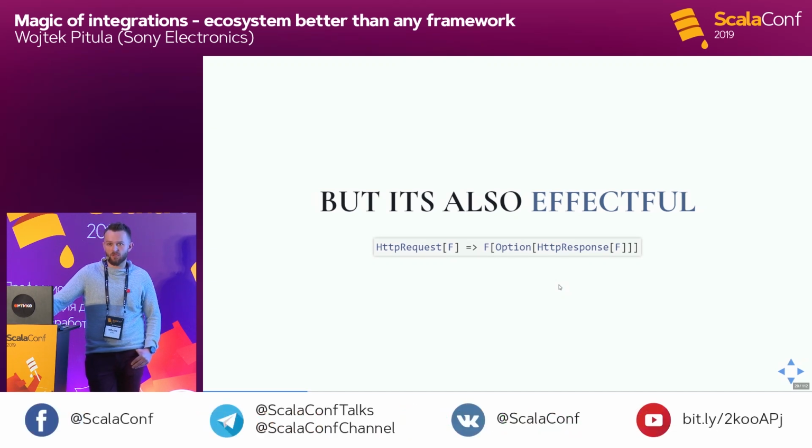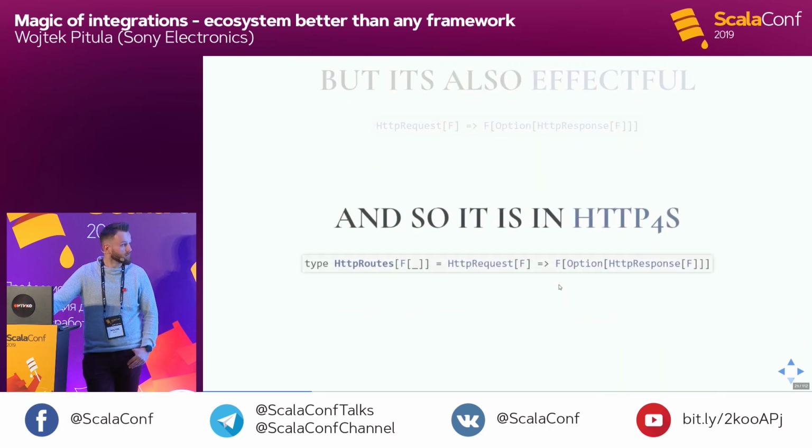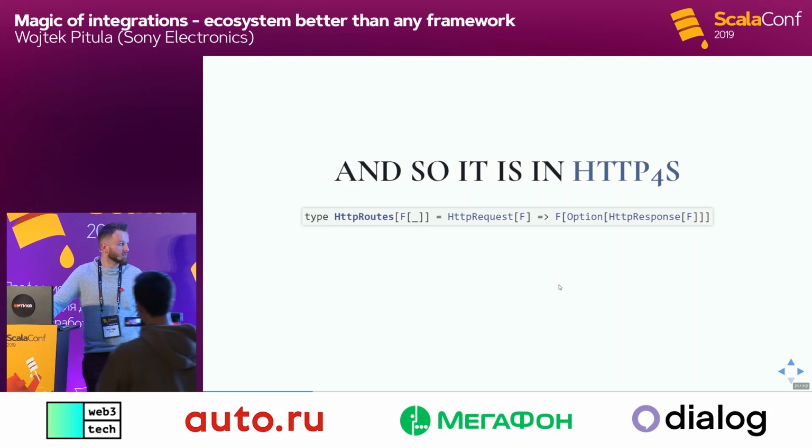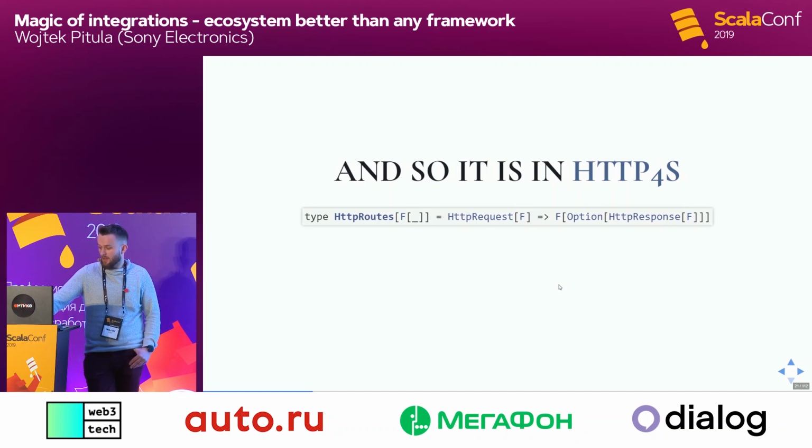You may want to ignore most of the requests and serve only certain paths. And the same is expressed in http4s. There is this HttpRoutes. It takes the effect type F, and it's just a function from request to response.